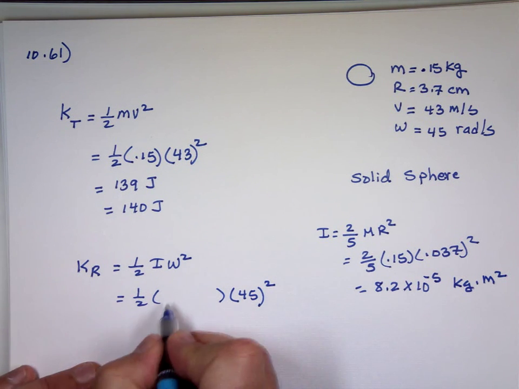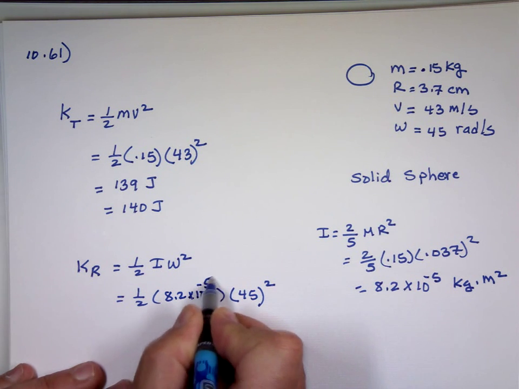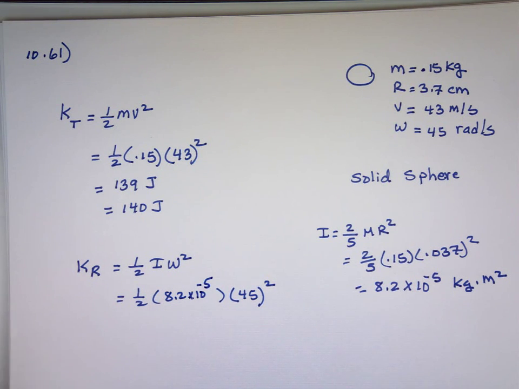So 8.2 times 10 to the power of -5 times 0.5 times the 45 squared.